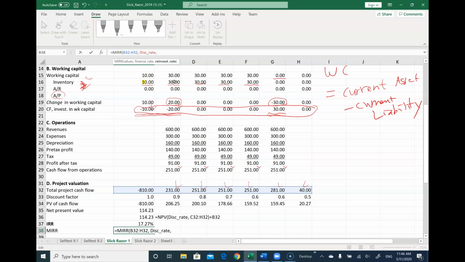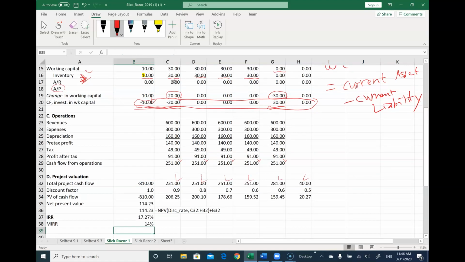So if you want to say that discount rate is a more realistic assumption, then we can say this is again the discount rate, right? Then we will have slightly different value. Okay.